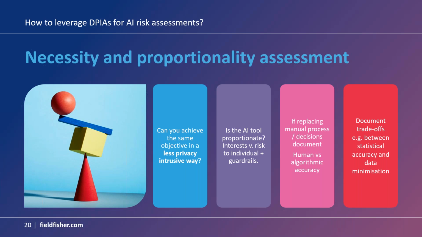After the description of the process, it's fundamental to check if processing is necessary before checking how to do it in a compliant way. If you follow these columns, the first question is: can you achieve the same objective in a less privacy intrusive way?